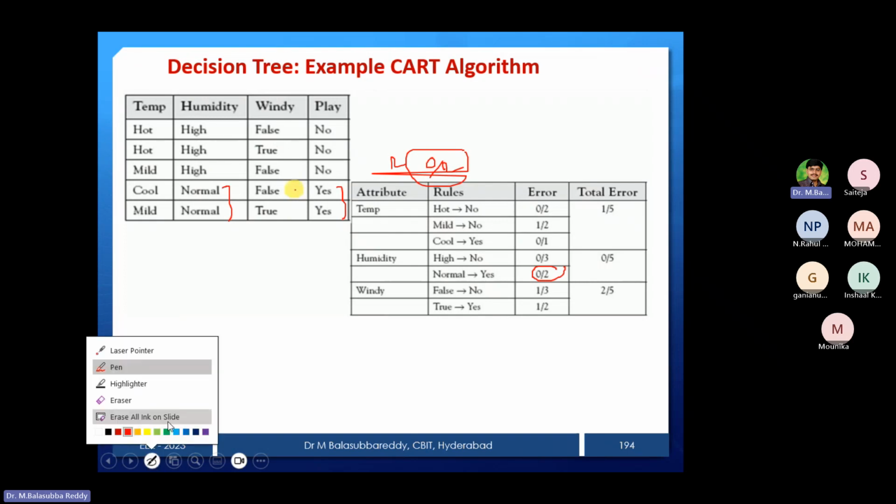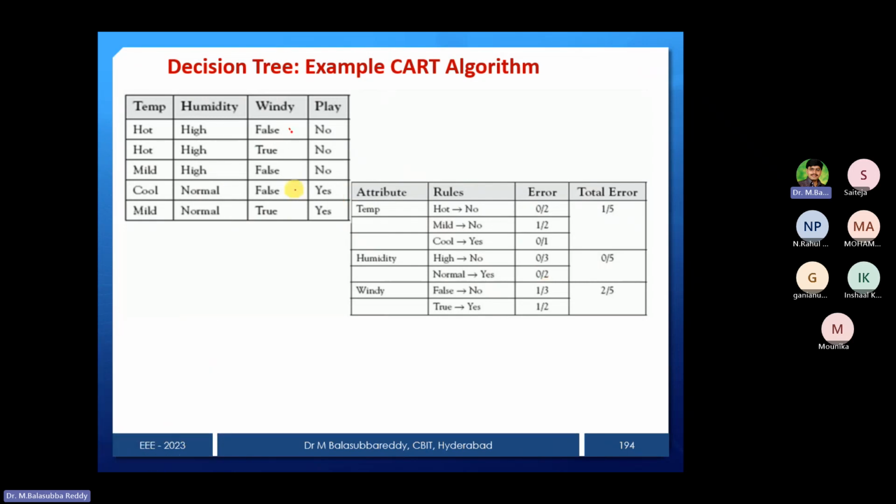Now we'll come to windy. Windy, how many classifications? False, true. 2 classifications. How many false? It is no. If I take windy, false is no, 1, 2, and false is no is 2. And if I take true, then you can see that false is no, I got it as 1, 2.